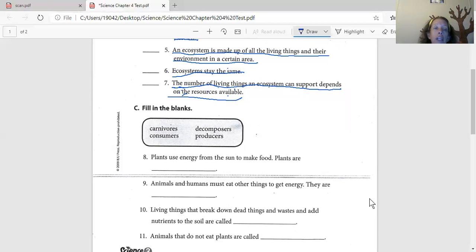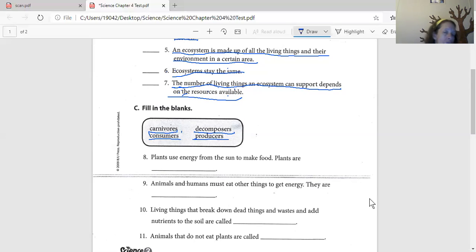All right. Here's what you've got. Carnivores. Say that. Carnivores. Next one is consumers. Say that. Consumers. Next one is decomposers. Say that. Decomposers. And the last one is producers. Say that. Producers.